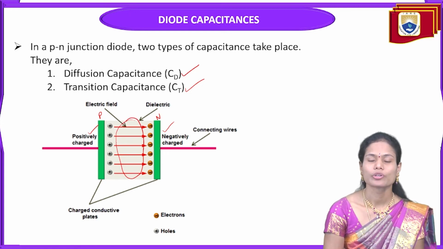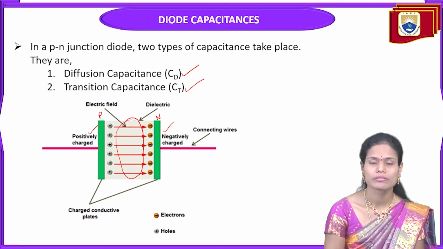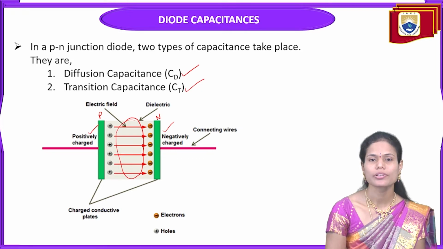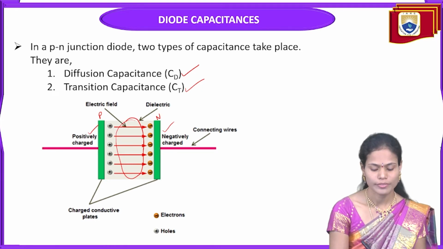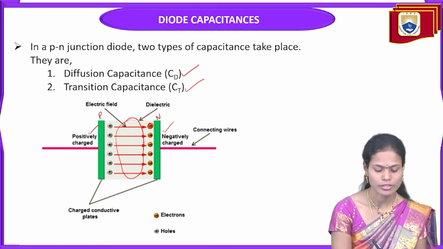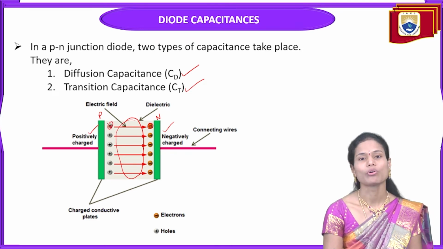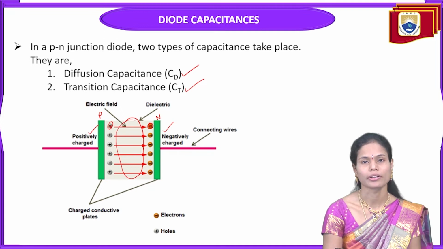So the two materials of the PN junction diode act like two conductors or two plates of the capacitor, and the depletion region of the junction acts like the dielectric of the capacitor here. These are the connecting wires here, and this indicates the electrons and these indicate the holes or positively charged particles.